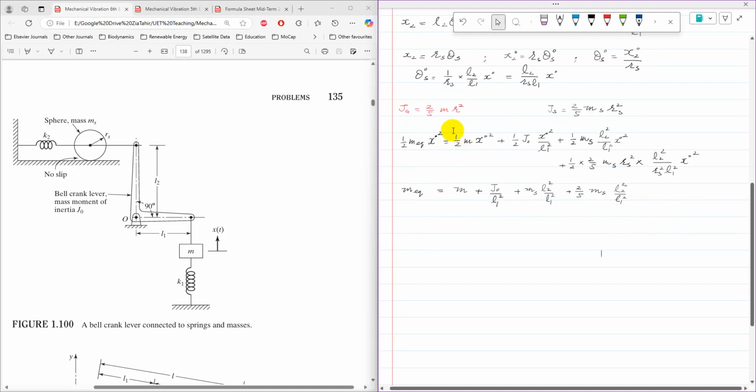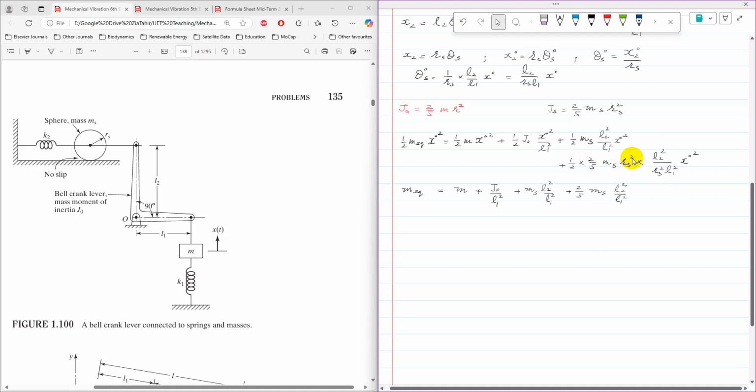From the first term, taking half x dot squared as common, I am left with m. From the second term, I am left with J over L1 squared. From the third term, it is ms L2 squared over L1 squared. And in the last expression, taking half and x dot squared as common, I am left with 2 over 5 ms rs squared into L2 squared over rs squared L1 squared.